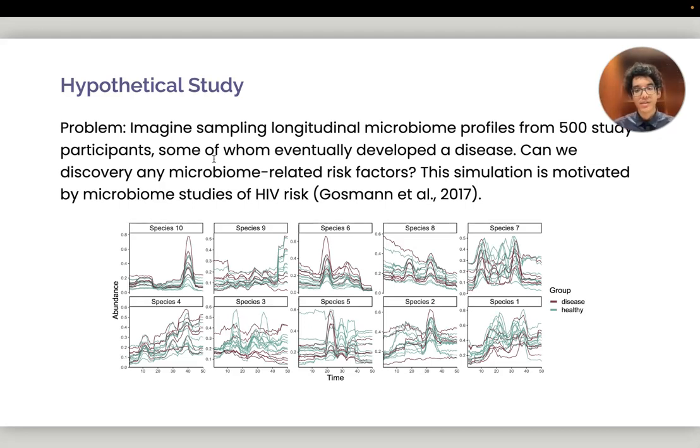And people know things like the presence of certain bacteria or certain trends in these bacteria can be related to health outcomes. So I'm imagining a situation where you have either disease or healthy people at the end of the study, and you're curious about whether there are any trends in any specific bacteria that might be related to those 2 outcomes. And the thing that makes it tricky is that these trends, these trajectories, are very complicated. I've simulated everything, and I know the ground truth of how I generate these, but it's not obvious just looking at the output what are the features that are associated with different outcomes.